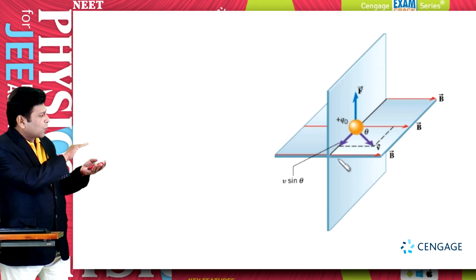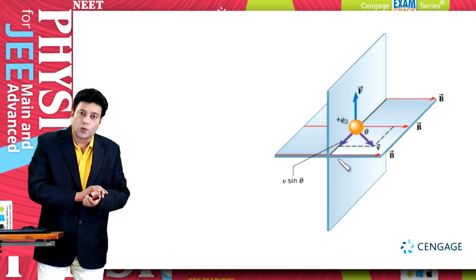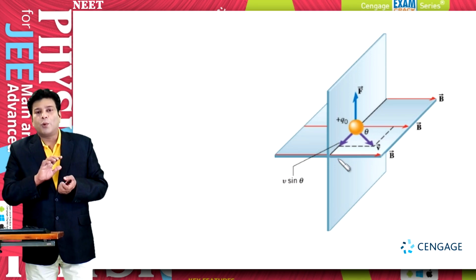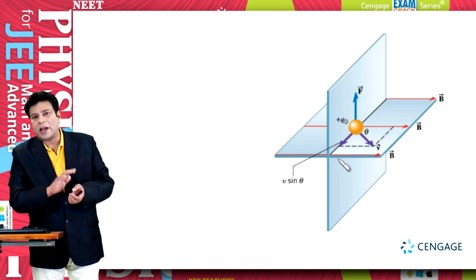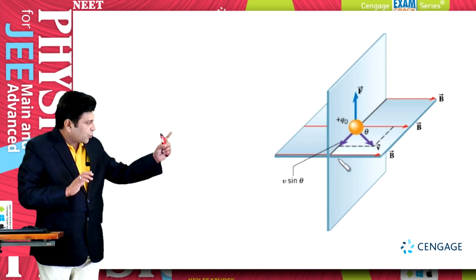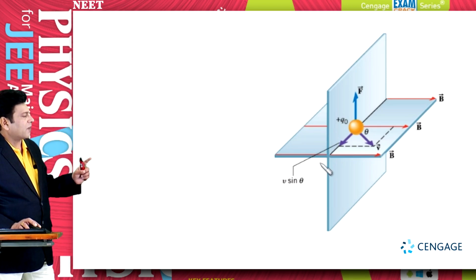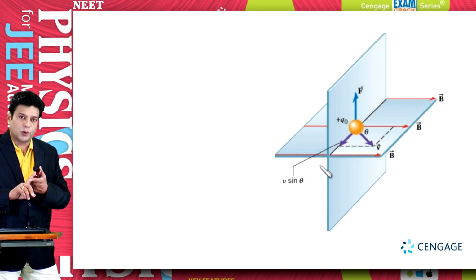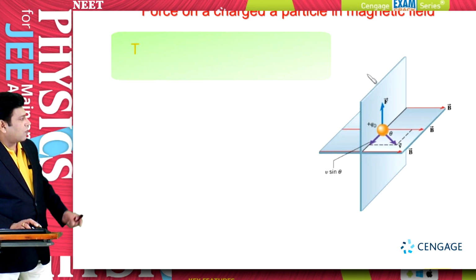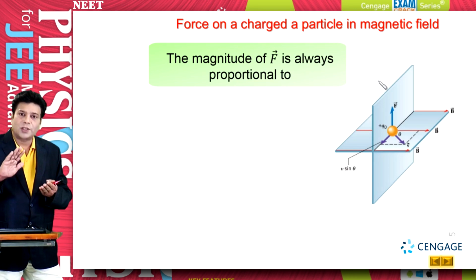The component which is parallel to the magnetic field, that is v cos theta, has nothing to do with the force, because the component of the velocity which is parallel to the magnetic field is not responsible for the force. And this v sin theta is the important one, because it is perpendicular to the magnetic field, it is responsible for the force. So the magnitude of the force we can say is proportional to the magnitude of the charge q naught.